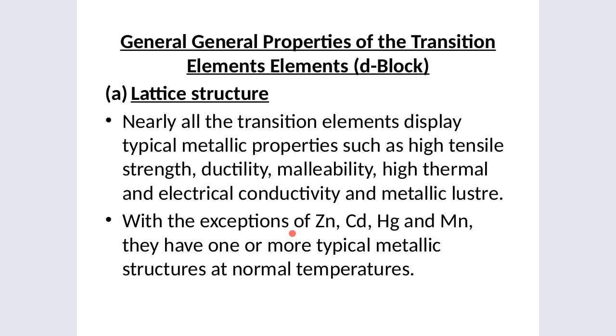So if we look at some general properties, we think of the lattice structure. Basically, these are metals. Sometimes they are called transition metals because they display those metallic properties like high tensile strength, ductility, malleability, high thermal and electric conductivity, and metallic lustre.